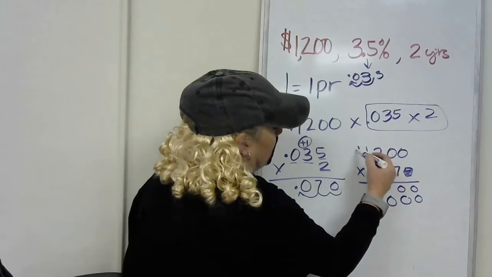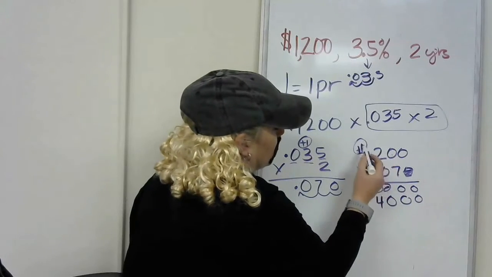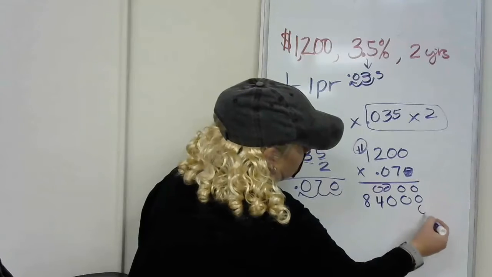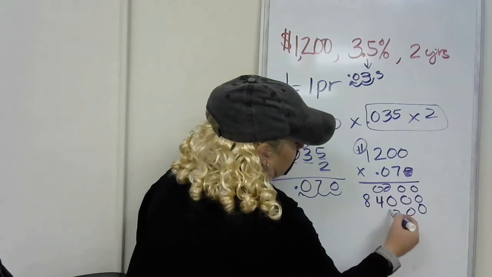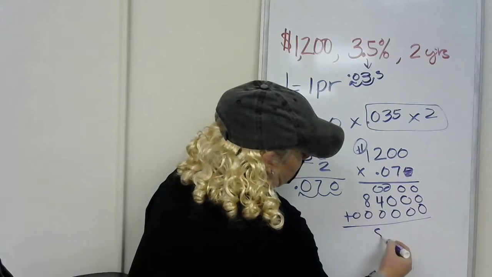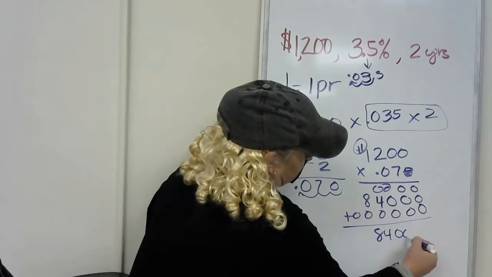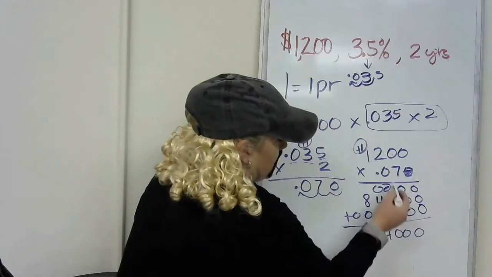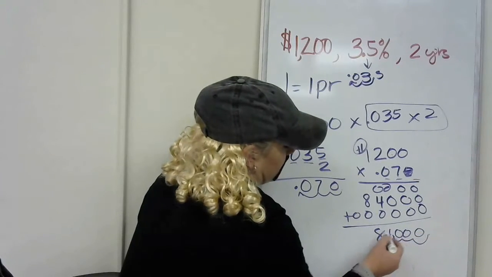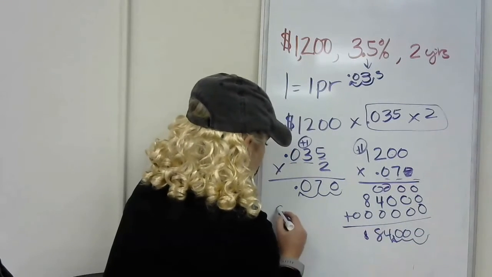The 4 can stay. The 1 got to go. 1 times 7 is 7. And 7 plus 1 is 8. Now, 2 eggs. And 0, 0, 0, 0. Okay? And then we're left with 8, 4, 0, 0, 0, right? 1, 2, 3. Boom. 1, 2, 3. All right, so you got $84 in interest.